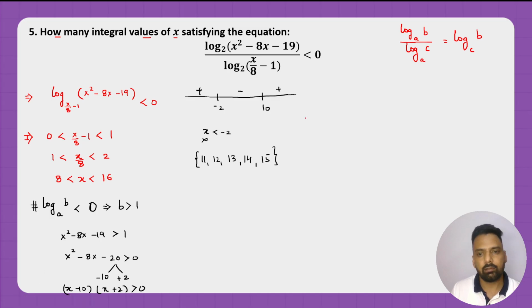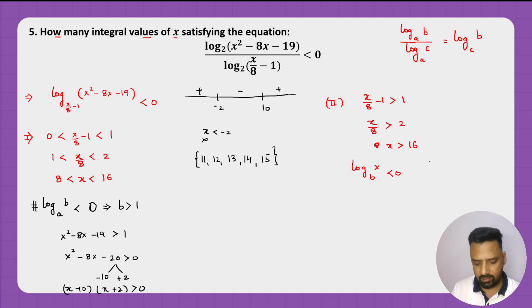अब चलते हैं case 2 की तरफ. Second criteria where जो हमारा x by 8 minus 1 है that is greater than 1, right? Either base will be between 0 to 1 और greater than 1. अगर greater than 1 आता है तो x by 8 greater than 2, x will be greater than 16. ठीक है, x has to be greater than 16 and इसके लिए we have कि log of x on b is less than 0 if x is between 0 to 1. ठीक है, अगर हमारा base greater than 1 होता है तो condition for less than 0 is that x, which is my number, it has to be between 0 to 1.